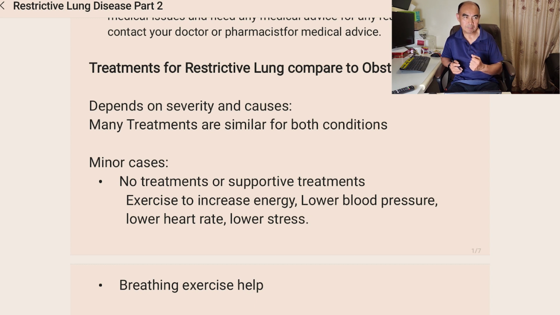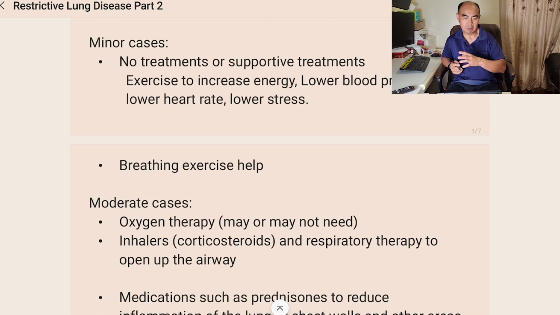So the treatments between restrictive and obstructive lung really depend on the severity of your condition, and a lot of the treatments are probably the same. In minor cases, there really isn't any treatment, more of a supportive treatment rather than medications. Breathing exercises, where they tell you to inhale slowly and then breathe everything out a couple of times, and you do it in sets a few times a day to hopefully help expand the lung as much as it can.